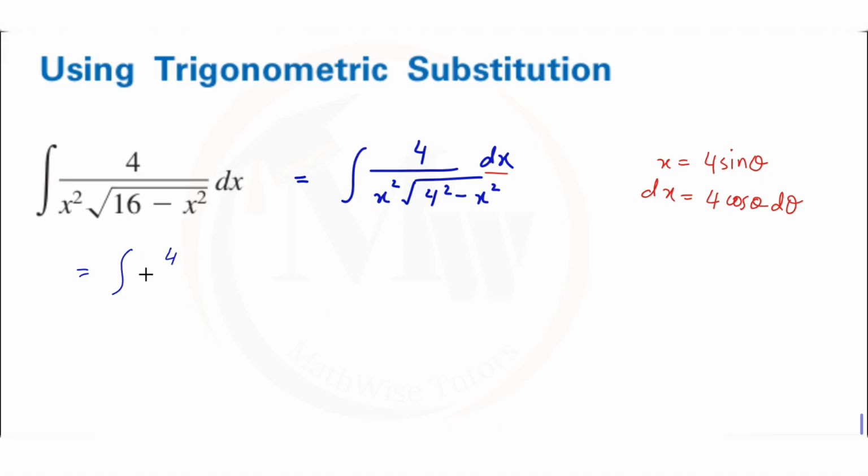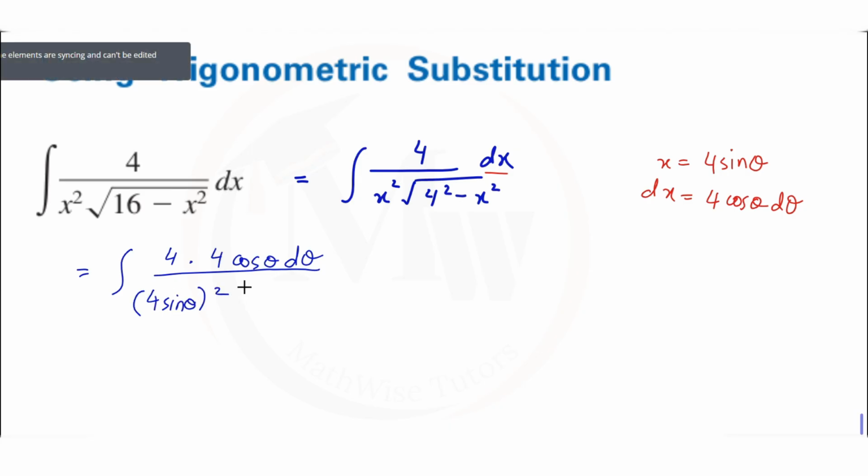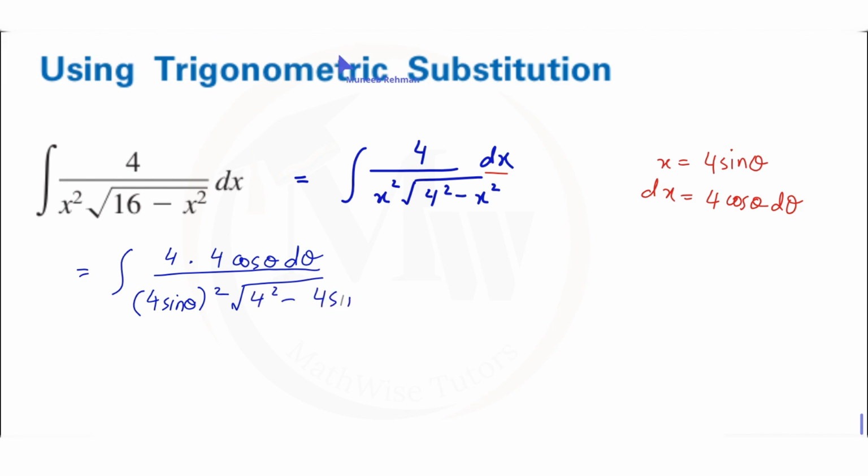The numerator is 4 only and dx as well, so it will be 4 cos theta d theta in the place of dx. And the denominator is x square, so x is 4 sine theta squared. And 4 square is 4 square minus 4 sine theta square.